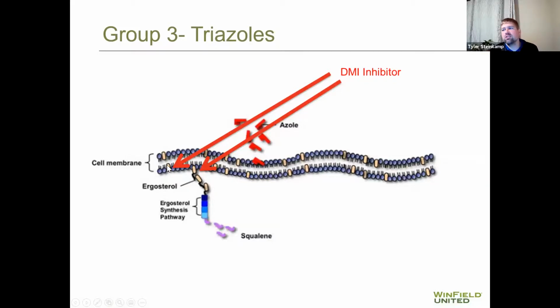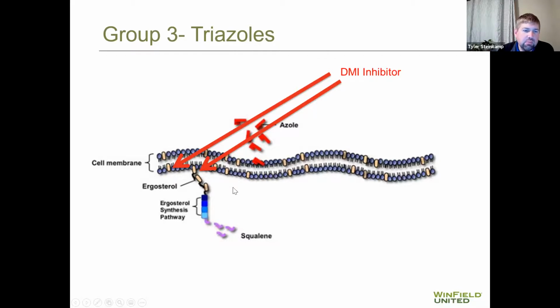Triazoles, what triazoles do, they're DMI inhibitors. So basically what they do is they prevent the cell membrane from forming these DMI type receptors here, and it prevents the formulation of sterols.